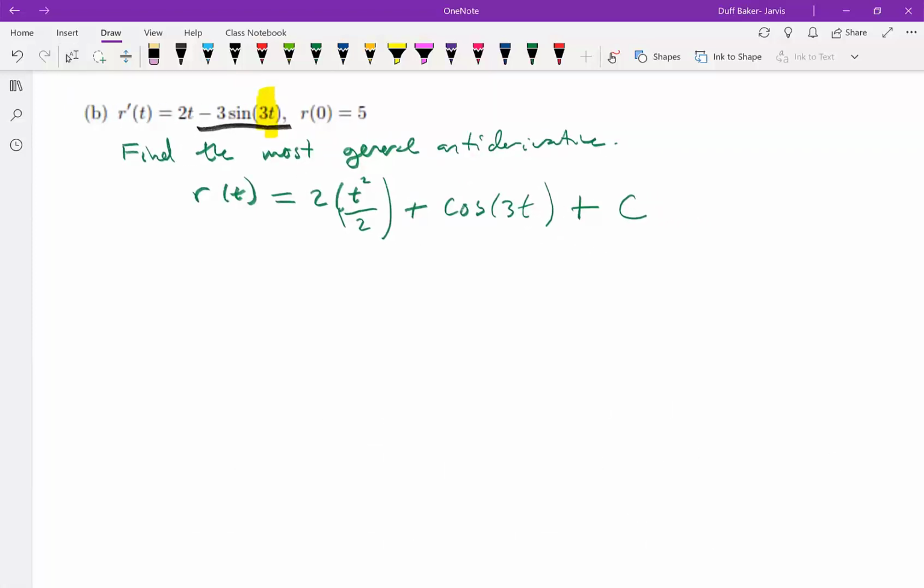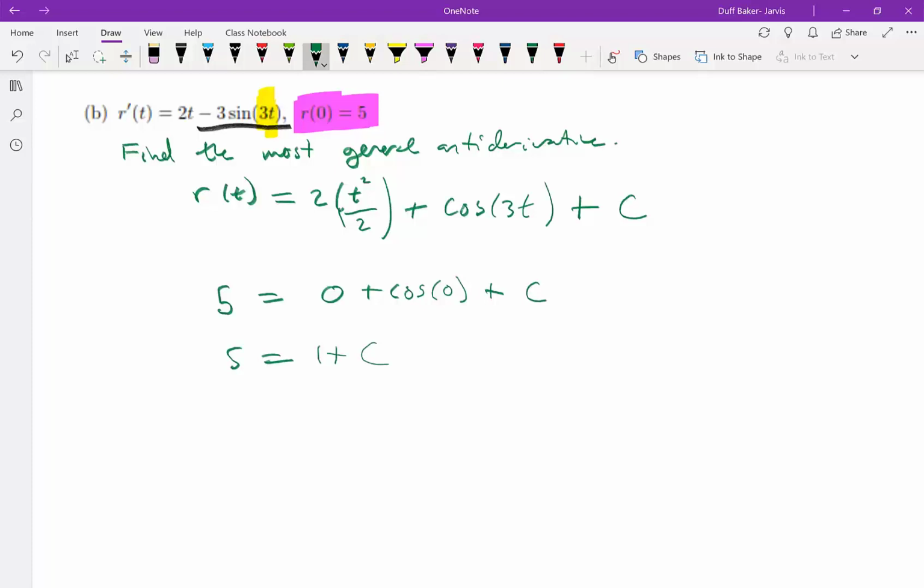And then to solve for c, you use the second piece of information. So that says t is 0 and r is 5. So r is 5, t is 0 would mean we get something like this. So 5 is 1 plus c.